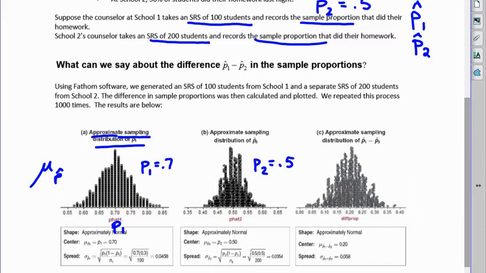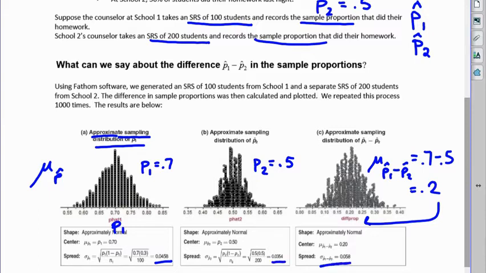But then the difference, P1 minus P2, notice that on your formula sheet you'll see those hats on there to have proper notation. We expect the difference to be centered at 0.2, and there it is centered at 0.2. Then we can see the standard deviation of the sampling distribution right there, and we're going to find out how to calculate this value right here.